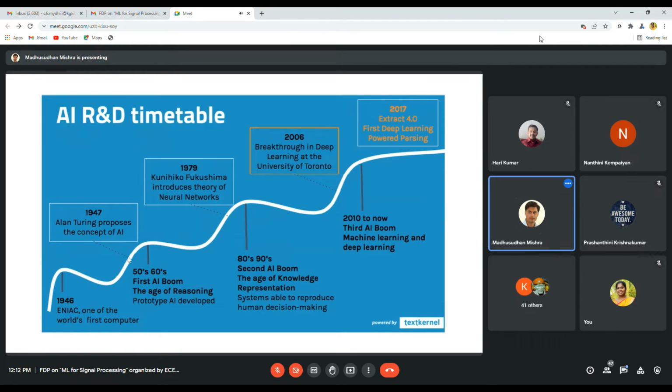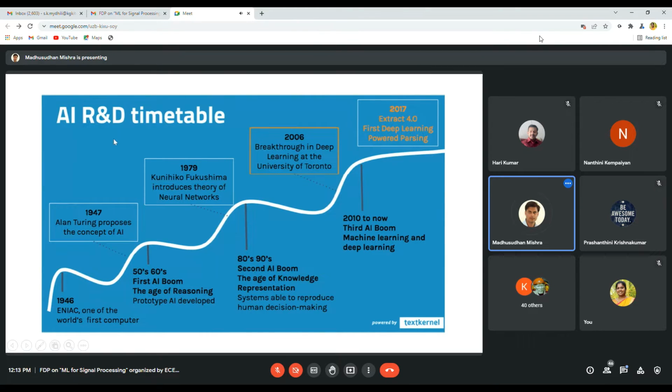In the 80s to 90s, there was a second AI boom, where the age of knowledge representation arrived, with systems able to reproduce human decision making. They tried to make robots, and they launched some self-driven cars on a pilot basis, with no need of a driver.